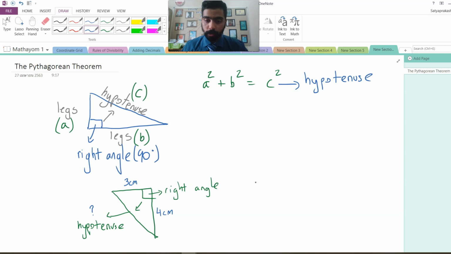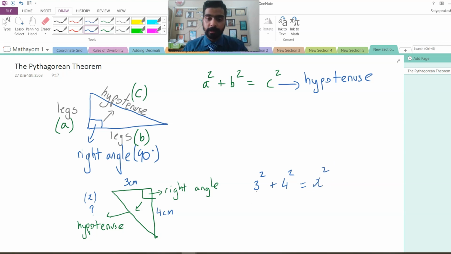In this case, 3 square plus 4 square, and this will always be equal to the hypotenuse square. So let's say the hypotenuse is x, which will be equal to x square.